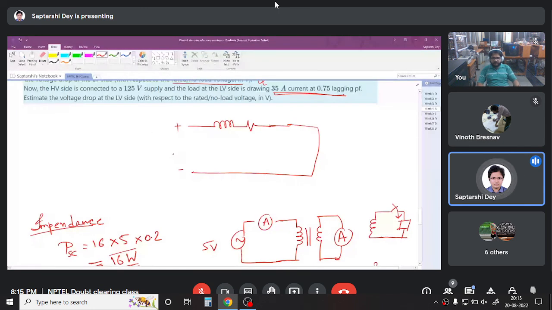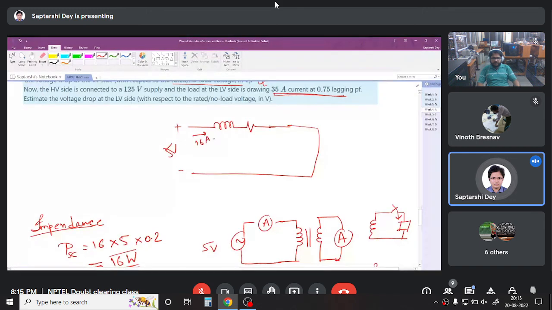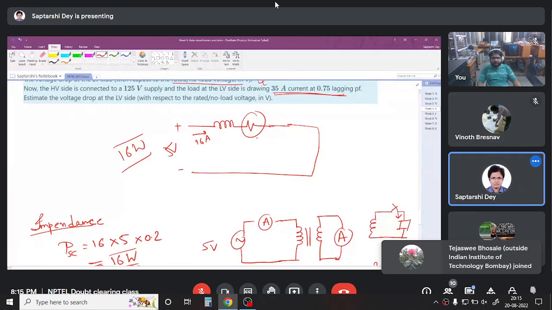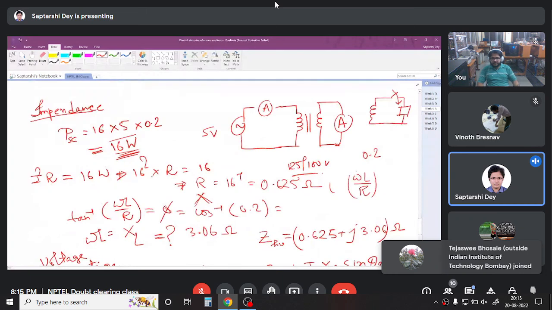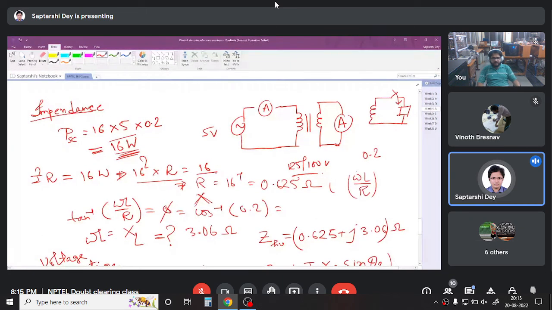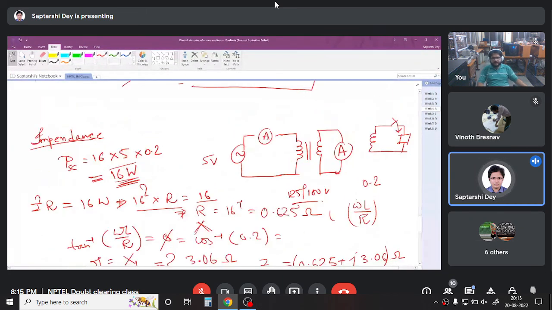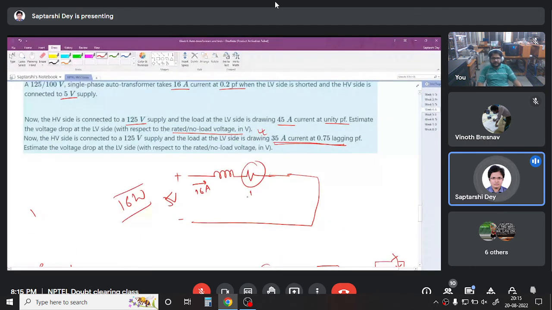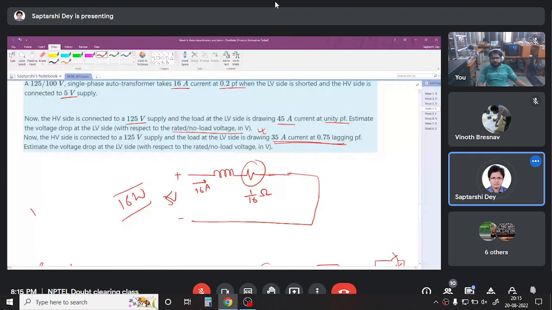This is the supply 5 volt and 16 ampere current was flowing. A total of 16 watt was being consumed in this resistance. So I have I squared R: 16 squared into R is the 16 watts. So basically I have this resistance referred from the high voltage side, which is 1 by 16 ohm.